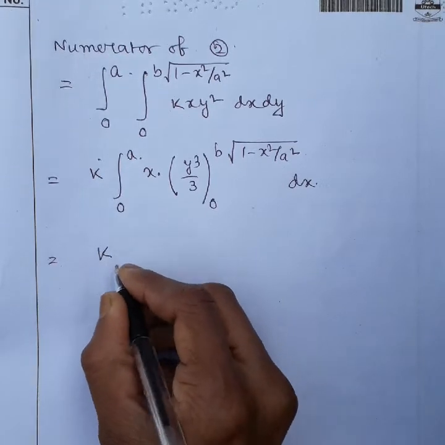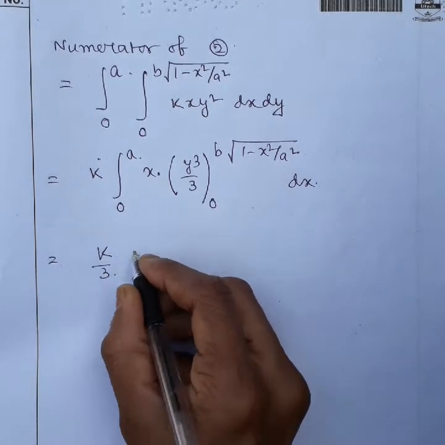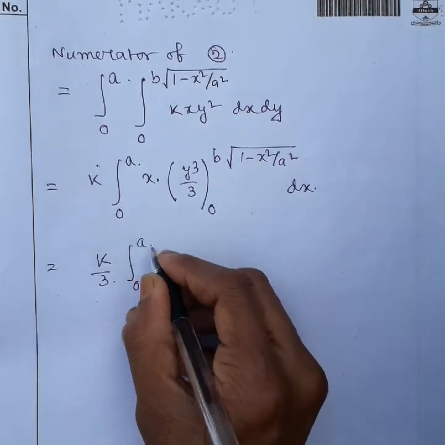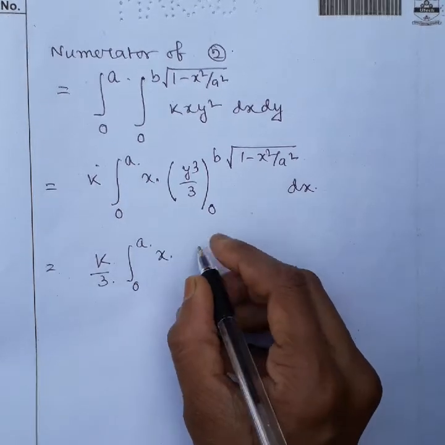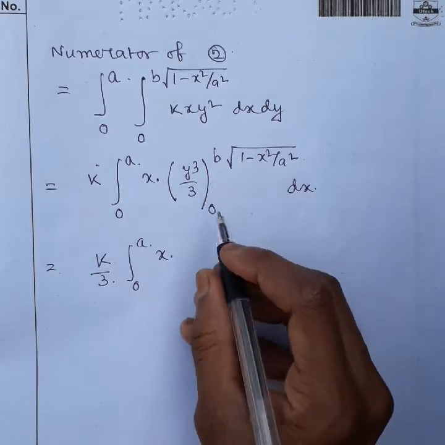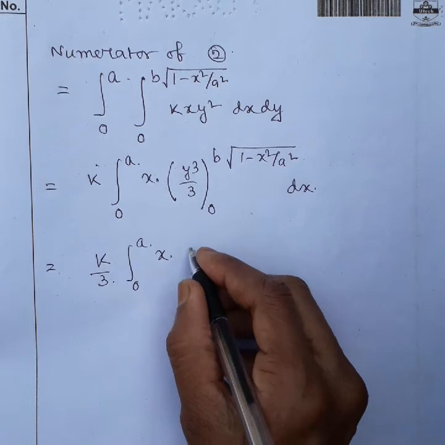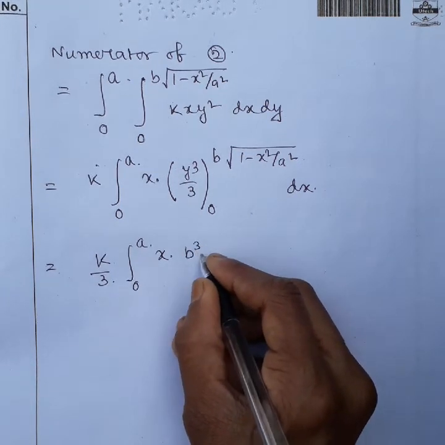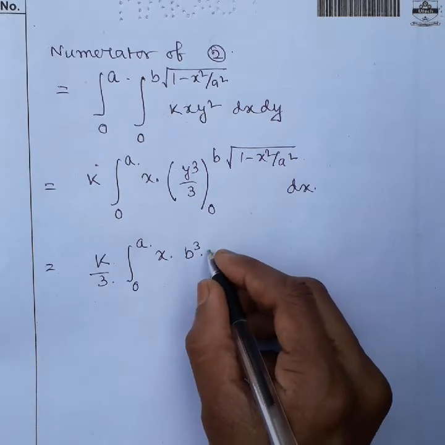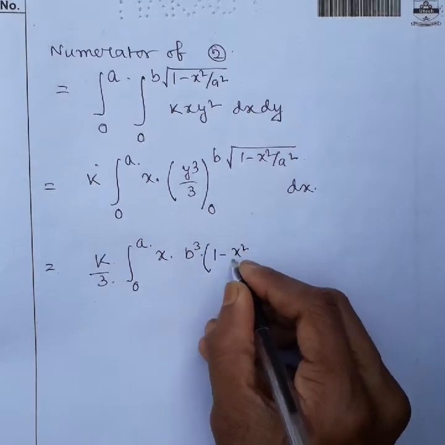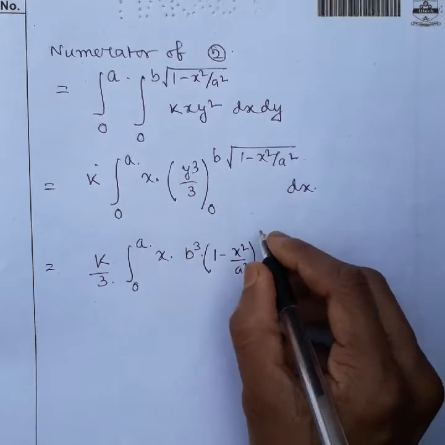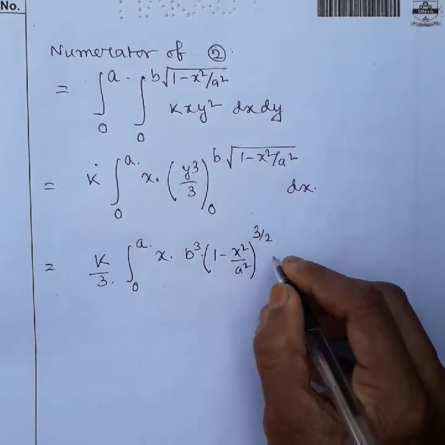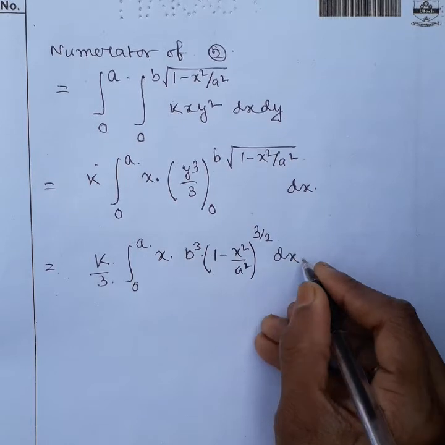So this is k by 3 integration of 0 to a x into y cube, that is b cube into 1 minus x square by a square whole to the power of 3 by 2, this is dx.